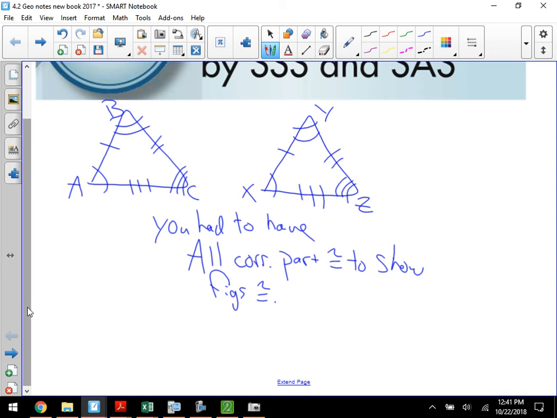So in one of your squares, I want to put ways to show triangles congruent. And like I said, there's going to be 5 different ways. And there'll be plenty of space to do what I'm showing you, but today we're only going to talk about 2, so make sure you know where this one's going to be located so you can reference it back and forth.